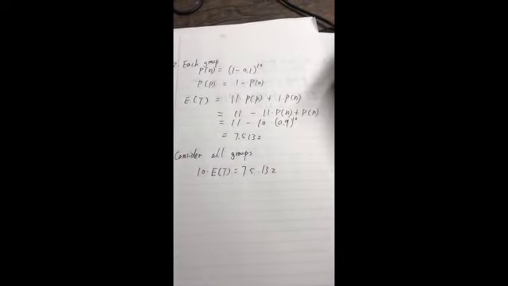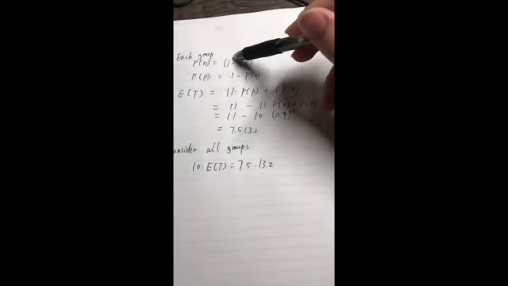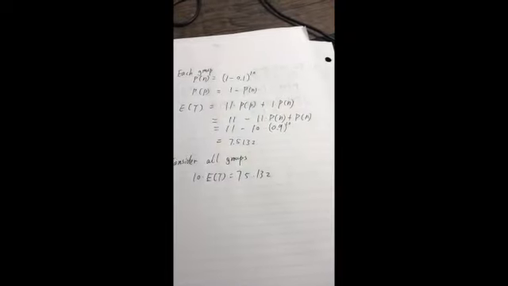Because each person is independent, we can consider each group individually first. For a group, the probability of negative is (1 minus 0.1) to the exponent of 10, which means that all people in that group are negative.